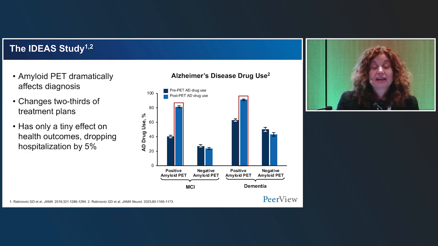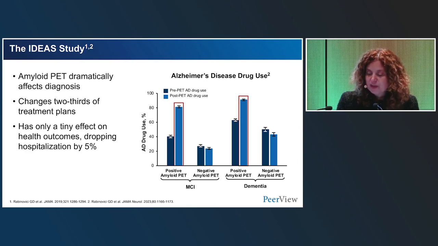They demonstrated with thousands of scans that amyloid PET dramatically affects diagnosis, changes 2/3 of treatment plans, but unfortunately has only a tiny effect on health outcomes, dropping the hospitalization by only 5%. So let's say the primary endpoint was not met.